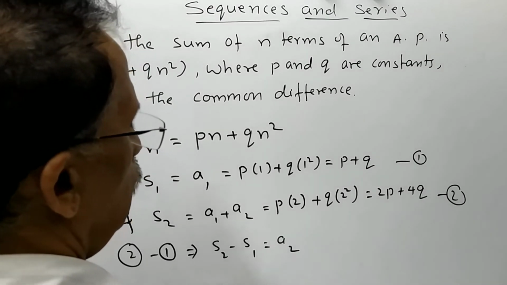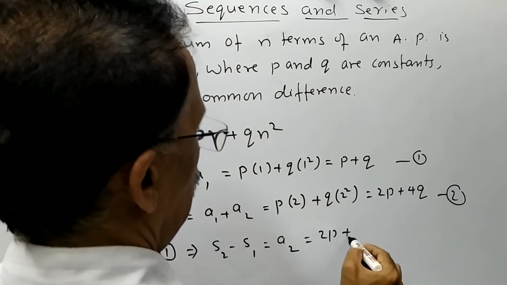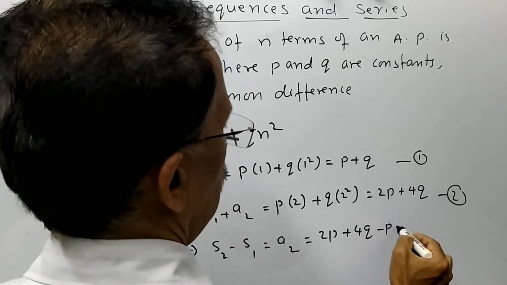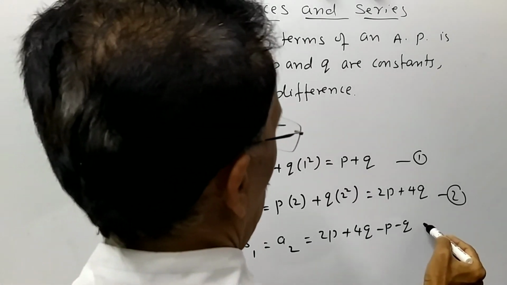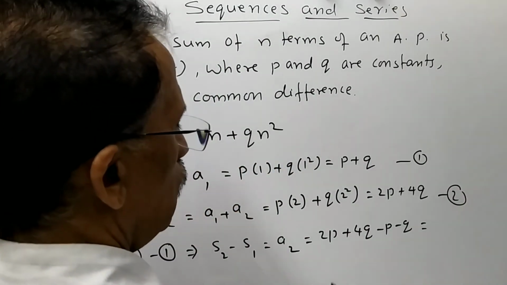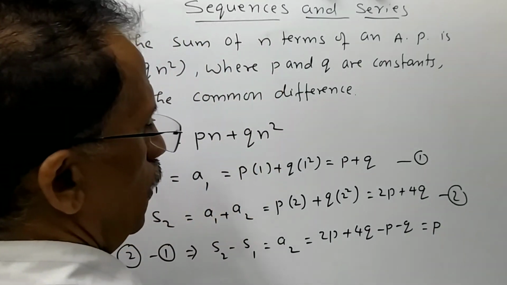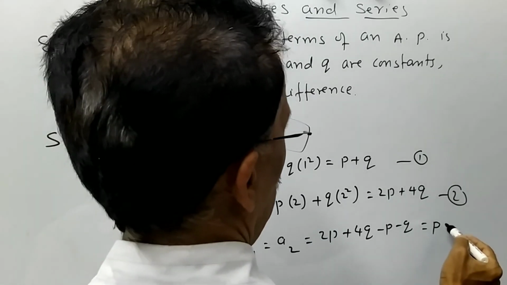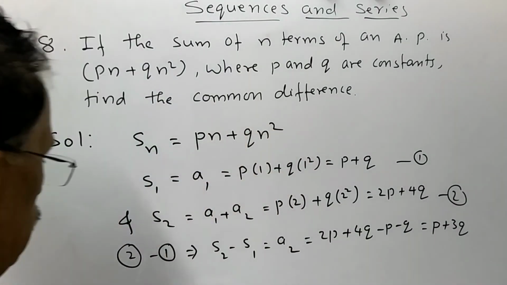You will get a2 is equal to 2P plus 4Q minus P minus Q is equal to 2P minus P, that is P, plus 4Q minus Q, plus 3Q.